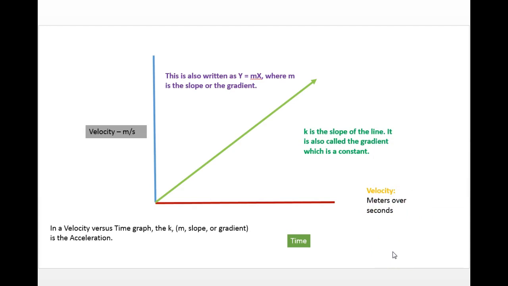The velocity is meters over second, so the slope would be meters over second over second. That's why you'll get the acceleration.